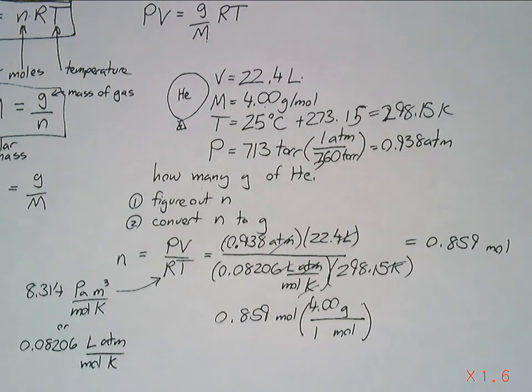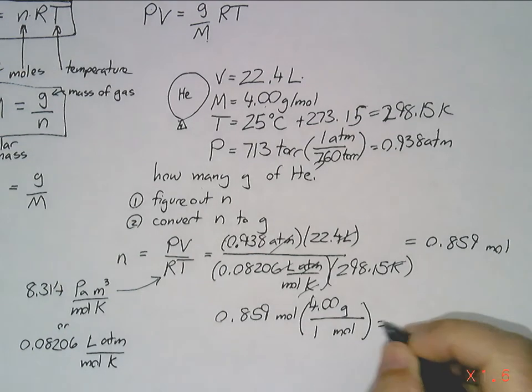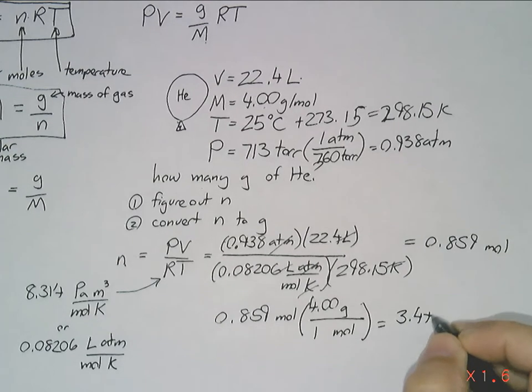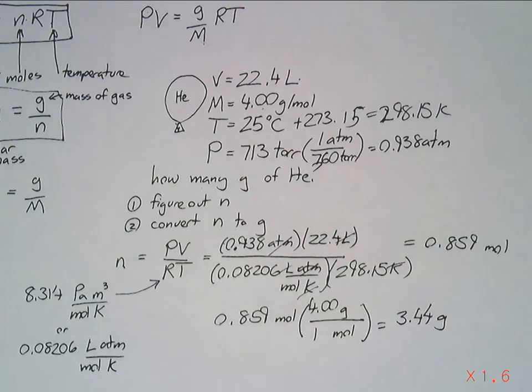So I just multiply 0.859 by 4, and I get 3.44. So I can figure out what mass of gas I've got without weighing the gas. If I measure the volume, temperature, and pressure, and if I know the molar mass, I can figure out the mass of the gas.